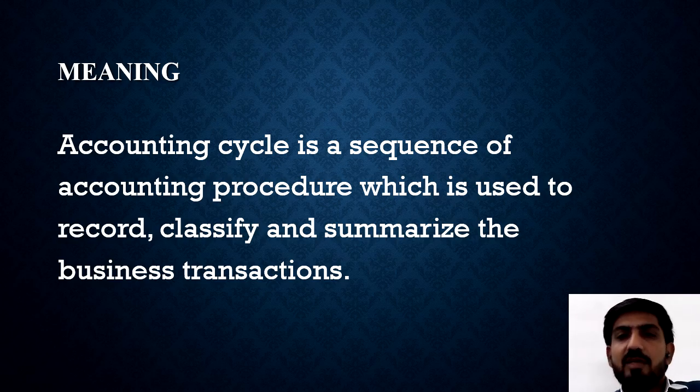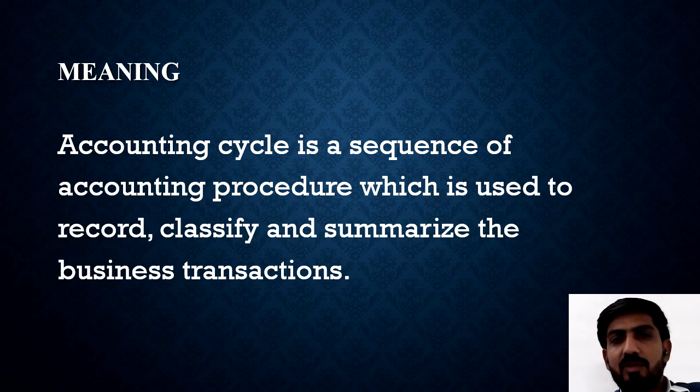So, likewise, accounting is also a continuous process which starts from the happening of the event, then recording, then posting, preparing the trial balance, and it ends with the preparation of the final accounts, for example, profit and loss account and balance sheet. So this chain of activities goes on a continuous basis. So that's why it is called the accounting cycle.